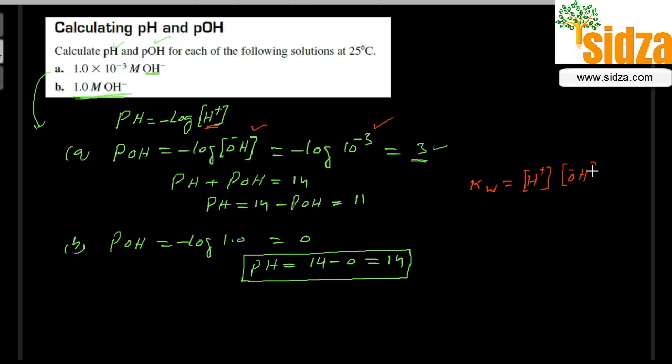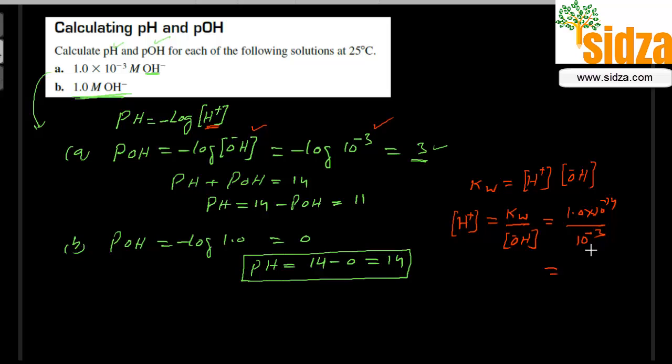So the H plus ion concentration will be the dissociation constant of water divided by the hydroxide ion concentration, which is 1.0 into 10 power minus 14 divided by 10 to the power negative 3. This will give us the hydrogen ion concentration.